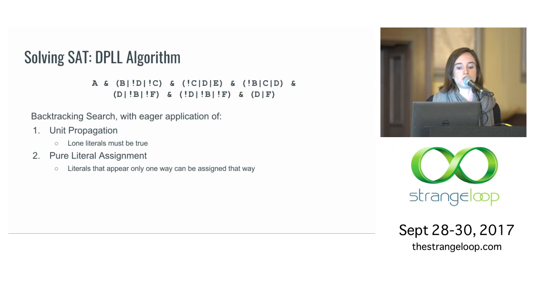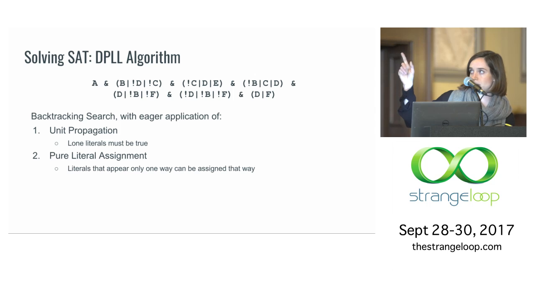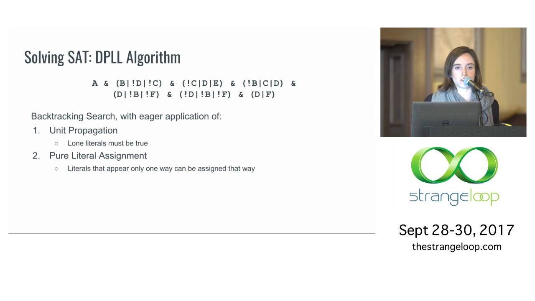The first is unit propagation. If a literal appears alone in a clause, so the clauses are the things between the ands here, then if it's not true, the formula is not satisfied. So that literal needs to be true. We can go ahead and assign it to be true and simplify the formula and see what we have left. Second is pure literal assignment.